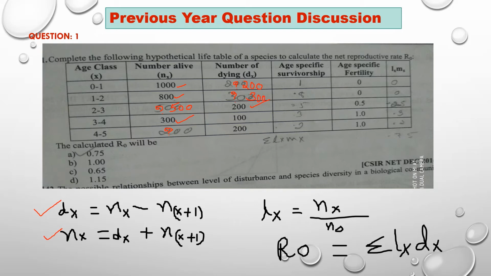Next is we have to find 4 to 5 Nx value. Okay. Here we know in age class 3 to 4, Nx is 300 and Dx 100. So out of 300, 100 died means rest is 200. So Nx is 200.